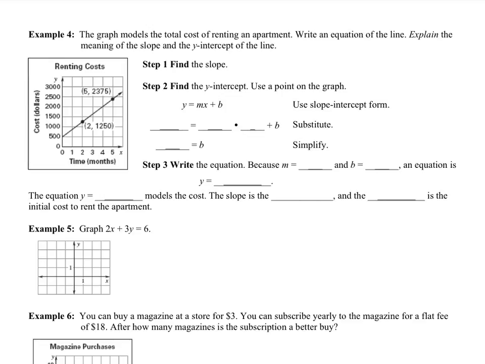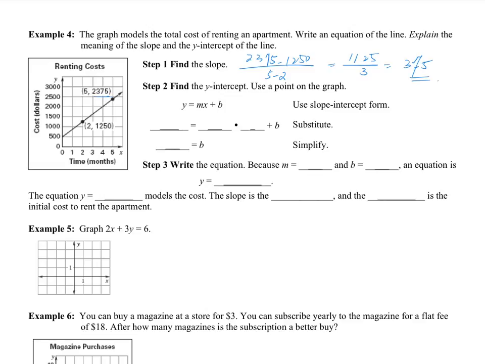Example 4. The graph models the total cost of renting an apartment. Write an equation of the line. Explain the meaning of the slope and the y-intercept of the line. For step 1, we need to find the slope. We take 2375 and subtract 1250, all over 5 minus 2. This is equal to 1125 over 3, which equals 375.